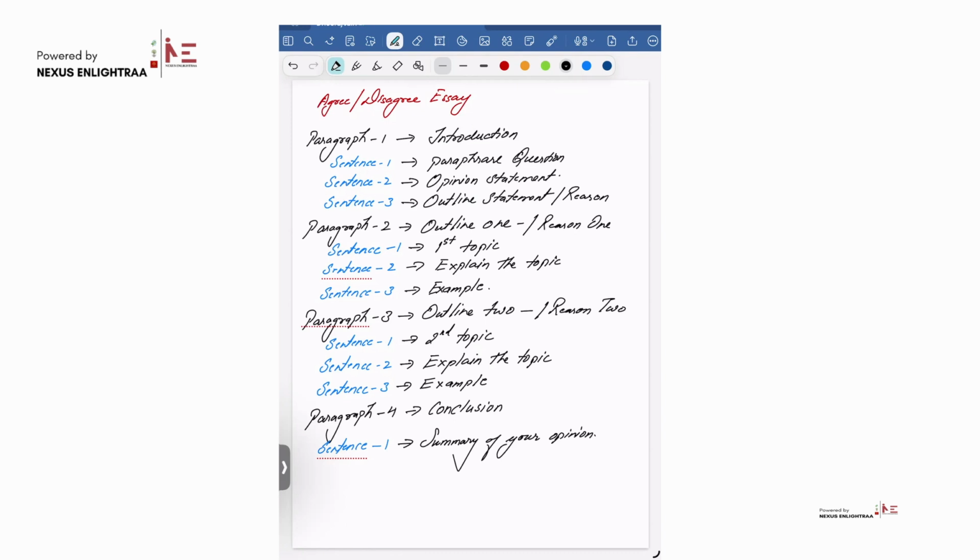And then I will say, because junk food makes people fat and it increases their medical bills, or it makes them prone to a lot of life-threatening diseases, life-threatening ailments, right? So I've given 2 reasons. Both should not be the same kind of reason. This is something that you need to understand when you're writing an essay.